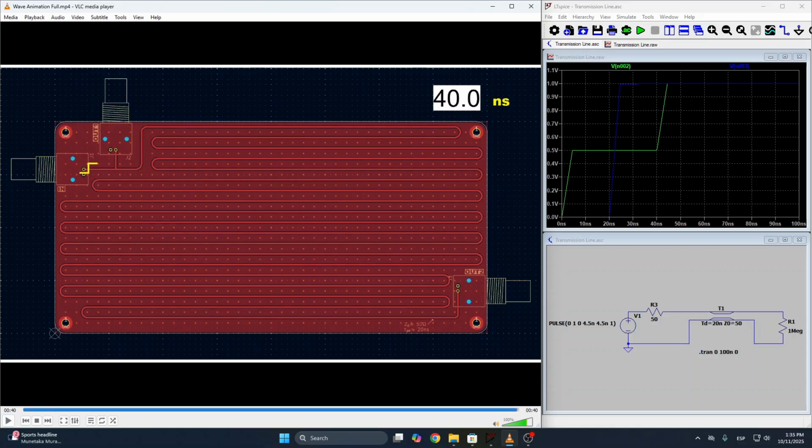So after another 20 nanoseconds, for a total round trip of 40 nanoseconds, we observe the voltage at the out1 connector jumps another 0.5 volts to finally reach the 1 volt of the original signal. So that explains why the green line after 40 nanoseconds jumps another 0.5 volts to reach and match the full 1 volt of the original step signal.